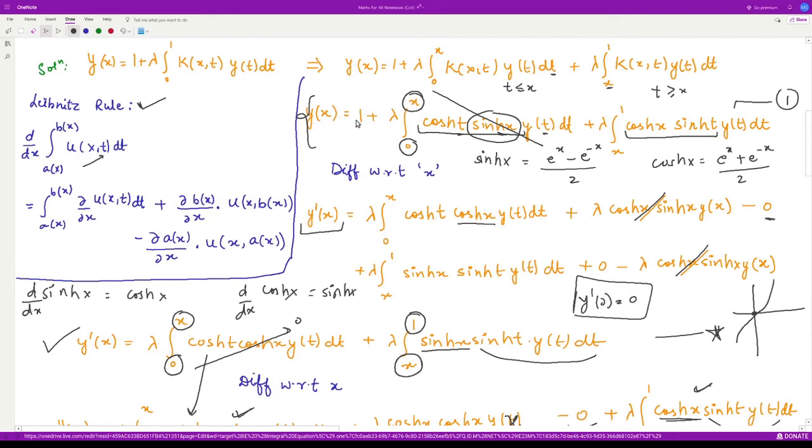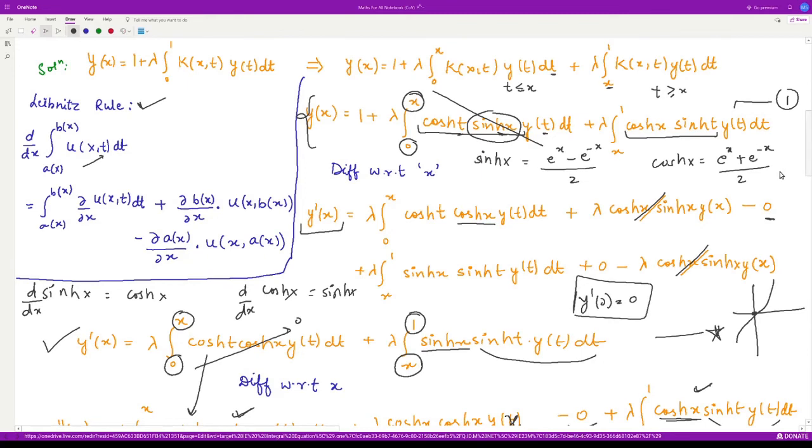So y of 1 would be 1 plus lambda integration from 0 to 1 cosh t as such, sinh 1 into y(t) dt, plus this term is 0 in that case. And if we see y dash 1, it would be lambda integration from 0 to 1 cosh t cosh 1 y(t) dt, right? And this term becomes 0.